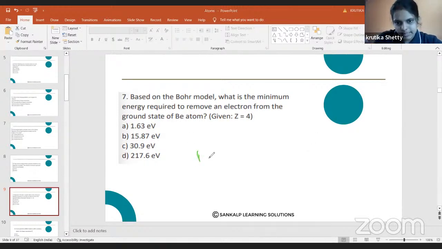Energy required is equal to Z square into 13.6 electron volt. Actually a minus will come, but the answer will not be negative, so we will drop the minus. Here Z value is 4, so this is 4 into 13.6. What is the answer? 4 into 13.6.